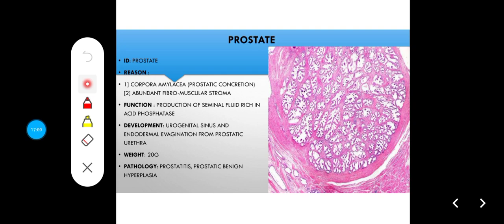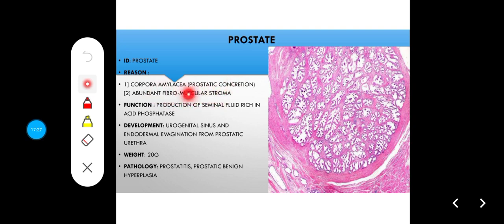So let's read the side note. Reasons for identifying the prostate is the presence of corpora amylacea or prostatic concretions. So these are amyloid bodies within the glandular part of the prostate. You will also find those glands suspended in abundant fibromuscular stroma.